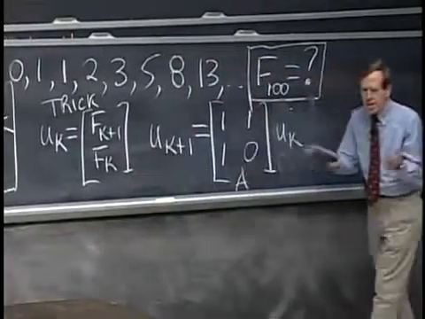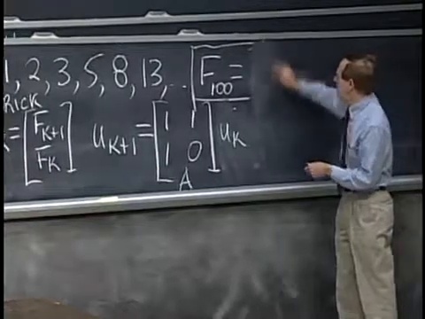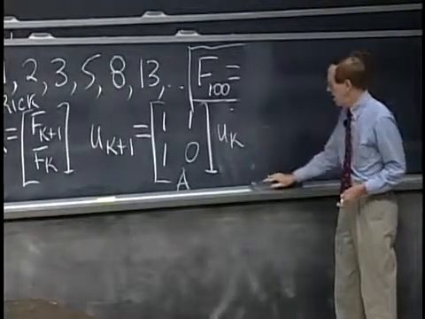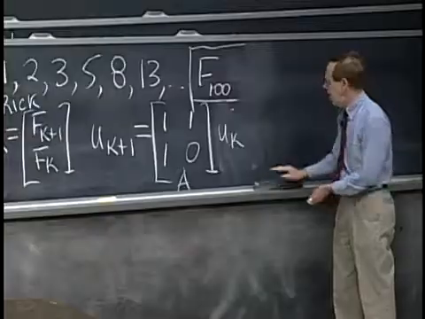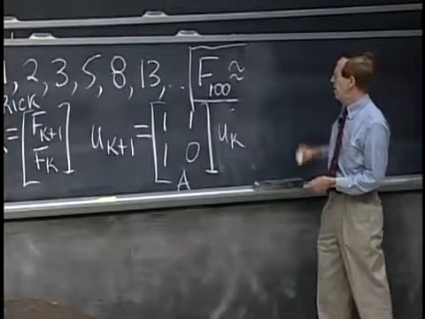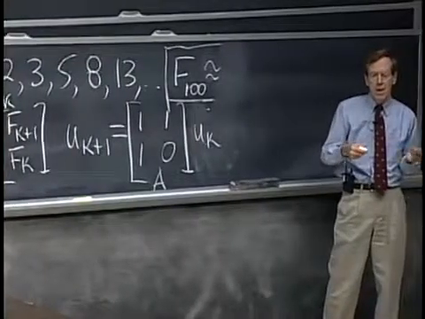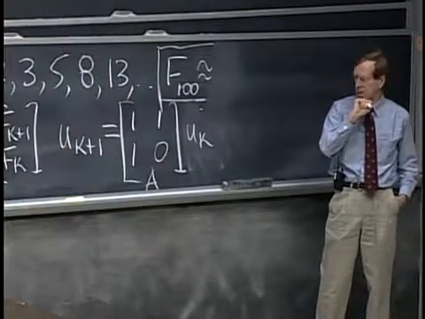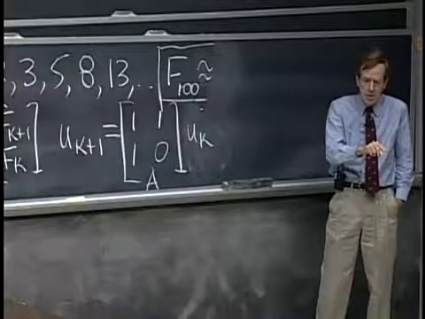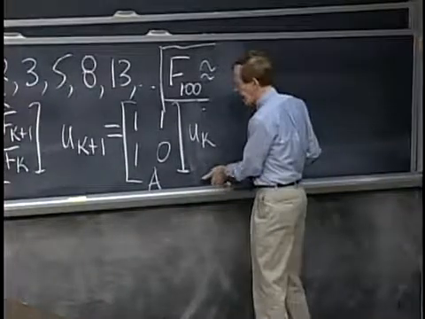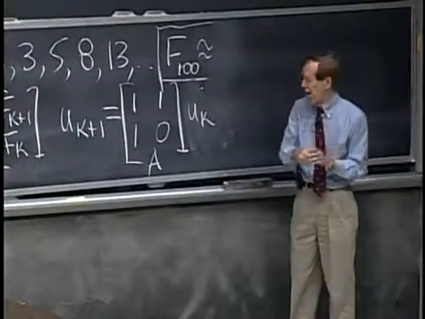can you give me the crucial number? What's controlling the growth of these Fibonacci numbers? It's the eigenvalues. And which eigenvalue is controlling that growth? The big one.